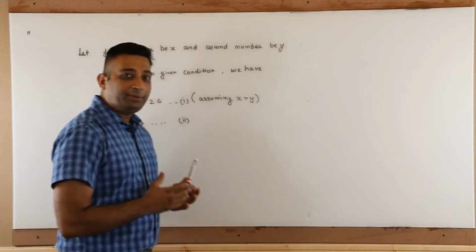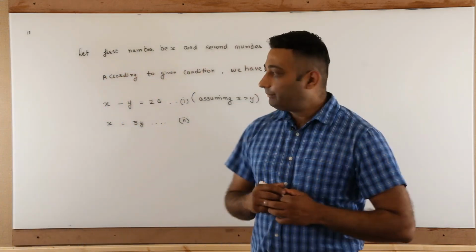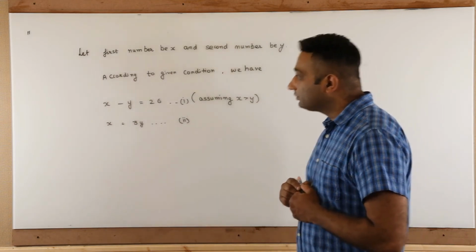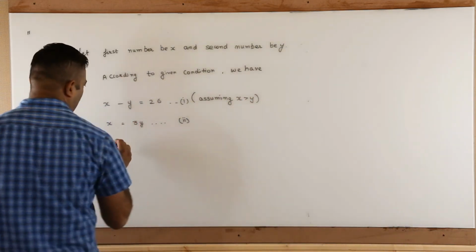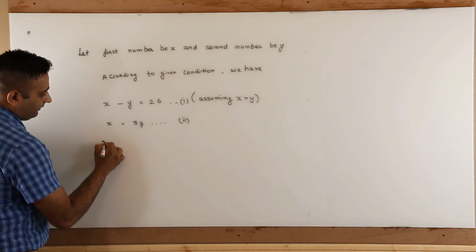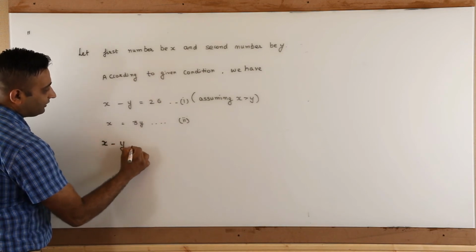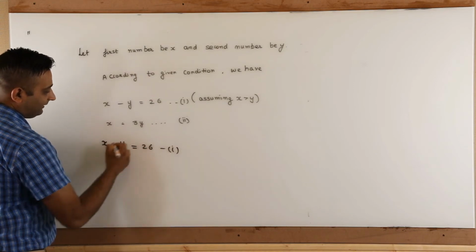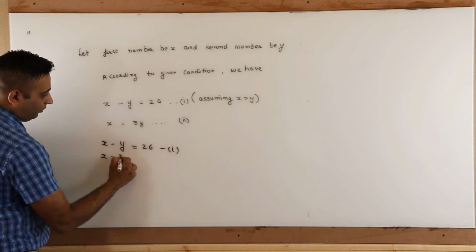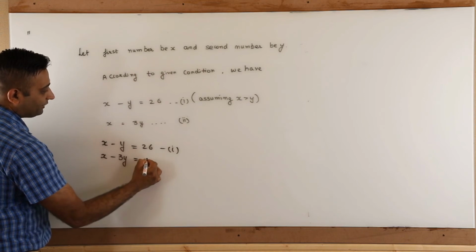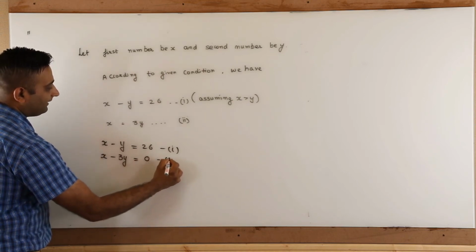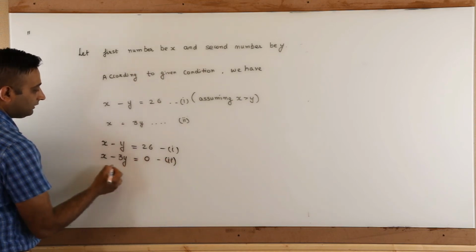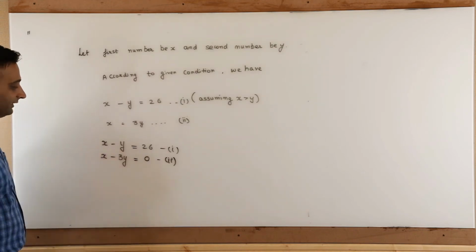Now the pair of linear equations in two variables is formed. Now let us solve this. Let us rewrite equation number 1 and also rewrite equation number 2 in the transformed manner so that all the variables are on the left hand side.